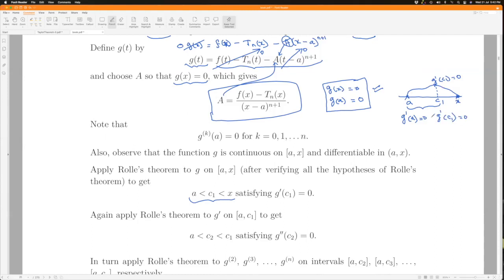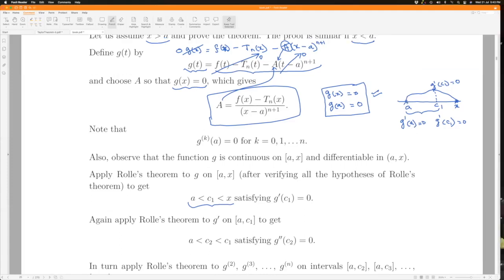So g dash, again, it's a continuous function by our assumption that f is n plus 1 times continuously differentiable. That is where we are using that hypothesis to make sure that all the derivatives of g up to order n plus 1 exist, right? So g dash also vanishes at a as well as at C1. Therefore, its graph is something like this.